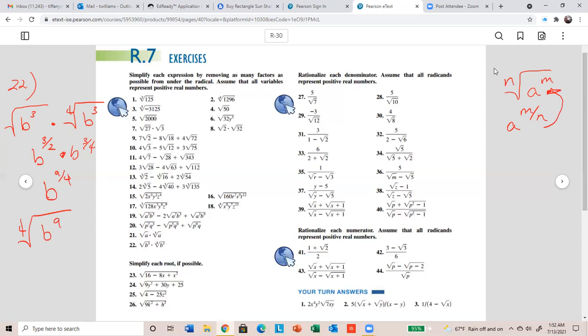Now, I know that I can clean this up because my index is smaller than the exponent underneath the radical. So how many times does 4 go into 9 evenly? 4 goes into 9 evenly twice. That'll put me up to 8, so I'm going to have 1 b left over. After all of that forward and backward work, this is our final answer: b squared times the 4th root of b. Cool.